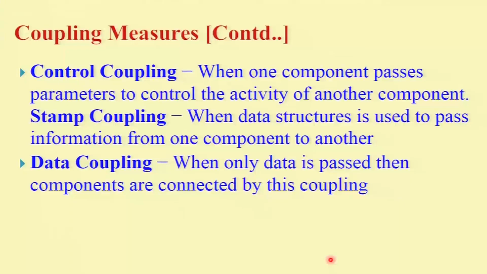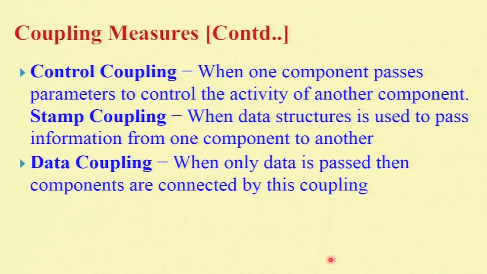As far as the coupling measure is concerned, you have control coupling, which is when one component passes parameters to control the activity of another component. Stamp coupling, where data structures are used to pass information from one component to another. Data coupling, when data is passed to the components that are connected by this coupling.